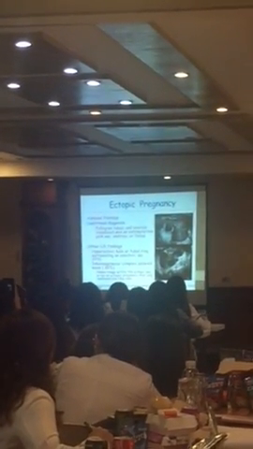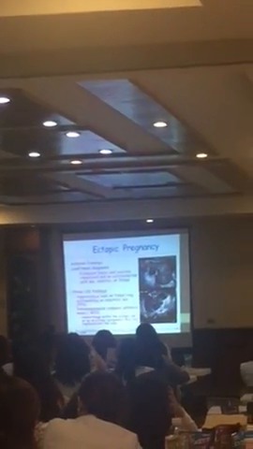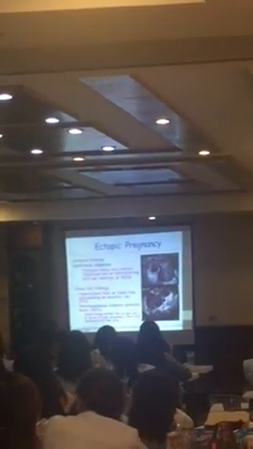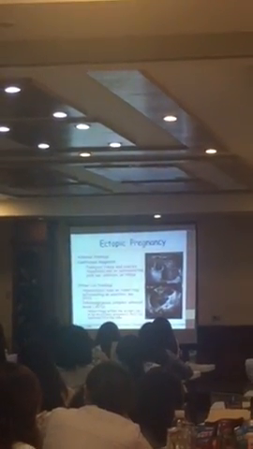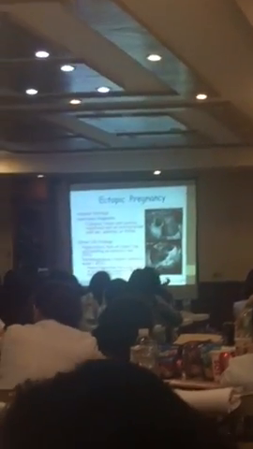But it is easier if the diagnosis is an adnexal mass that is located outside the uterus, meaning it is either in the fallopian tube or ovary. That is the easy way of diagnosing ectopic pregnancy.